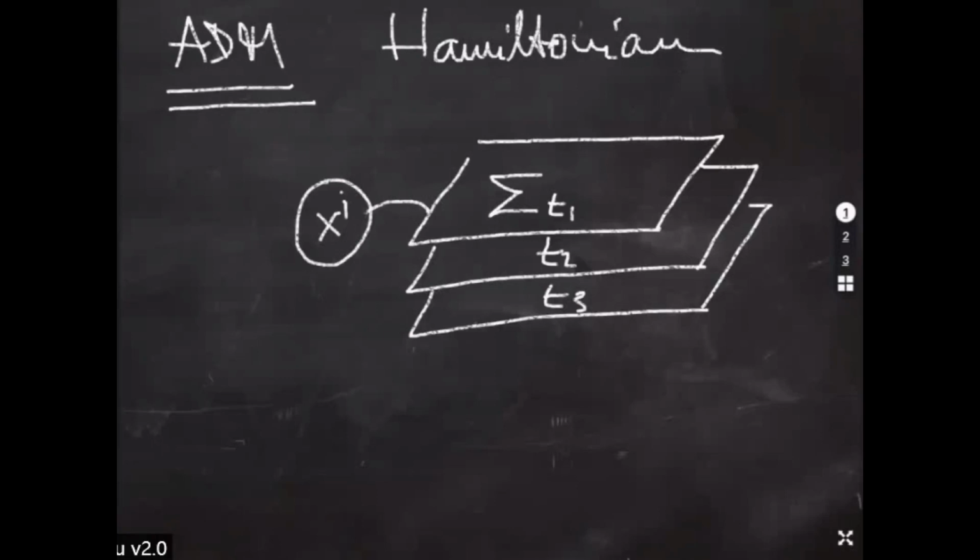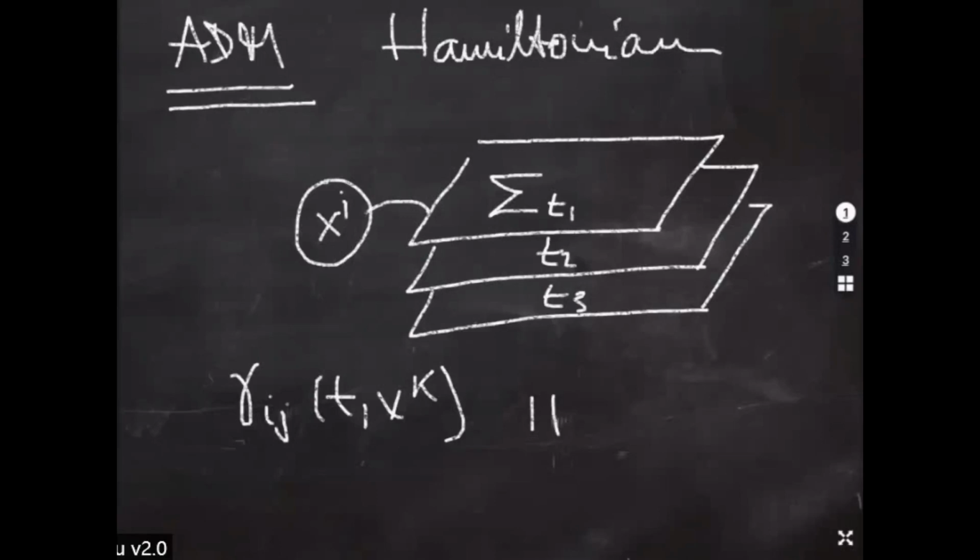Now, we use the metric tensor of three-dimensional spatial slices to derive the dynamical variables. So we use gamma ij of t, x^k and their conjugate momenta pi, as you say in English.